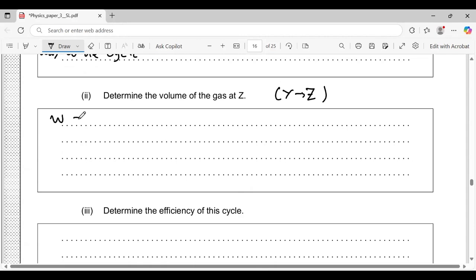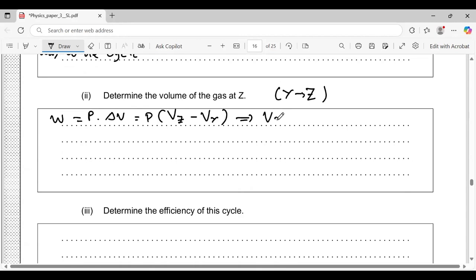So W equals P times delta V, equals P times volume at C minus volume at Y. So if VC becomes the subject, we have to rearrange this formula.